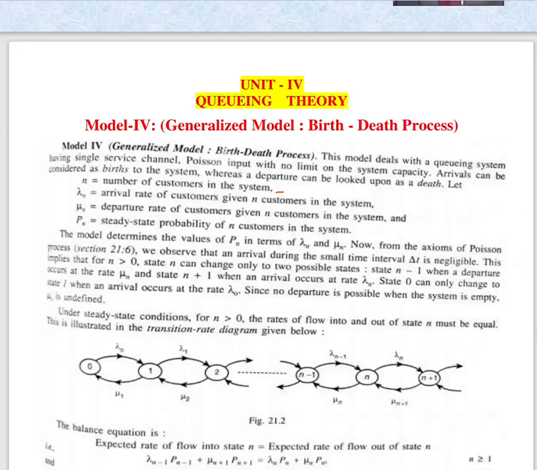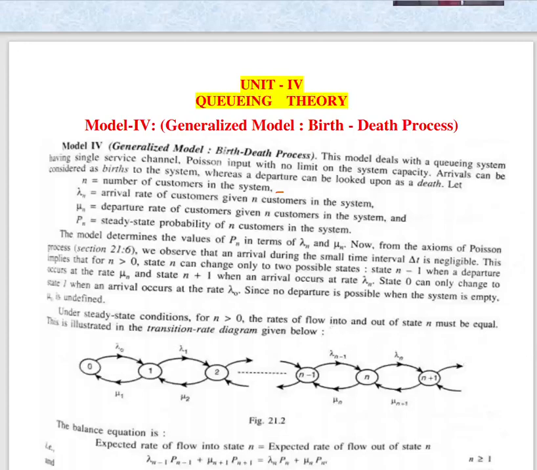But at state 0, the state can only change when an arrival occurs at the rate lambda 0, because no departure is possible when the system is empty, so mu 0 is undefined.